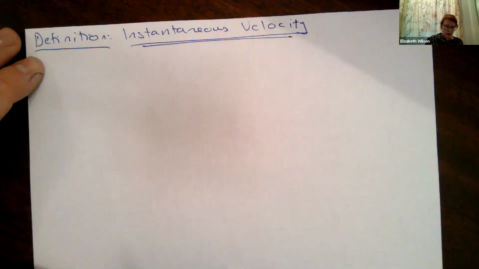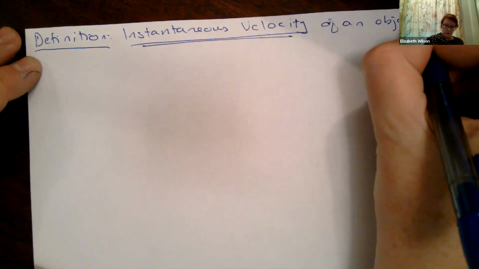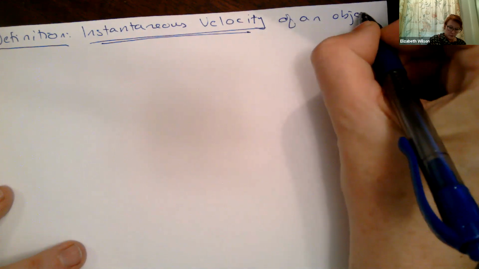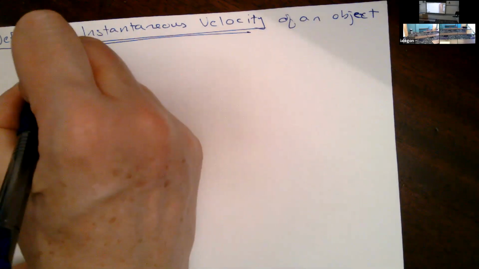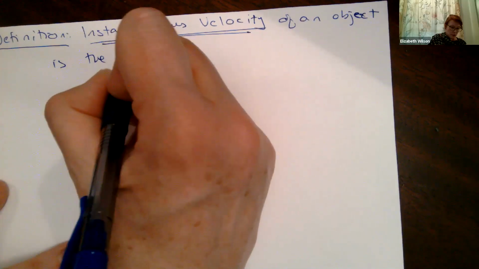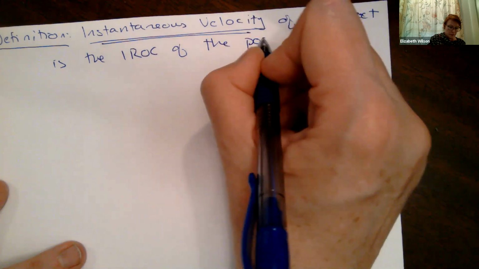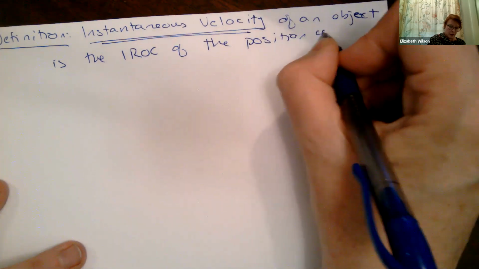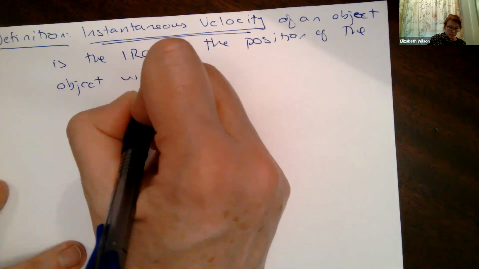So in terms of instantaneous velocity of an object, it is the instantaneous rate of change of the position of the object with respect to time.